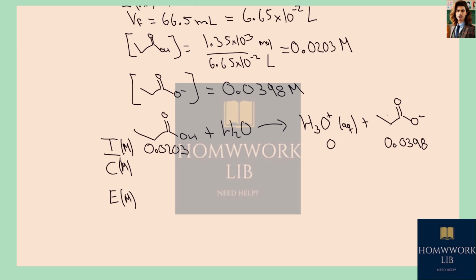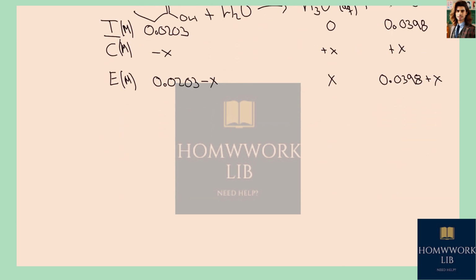And the amount that is going to react is going to be X. We have again a one-to-one relationship, so we're going to generate a plus X of hydronium ion, and another plus X in the amount of propanoate. So this now means that we have 0.0203 minus X at equilibrium, X at equilibrium, and 0.0398 plus X at equilibrium.